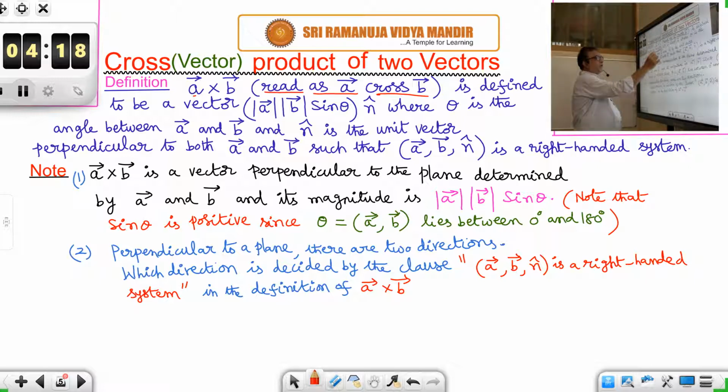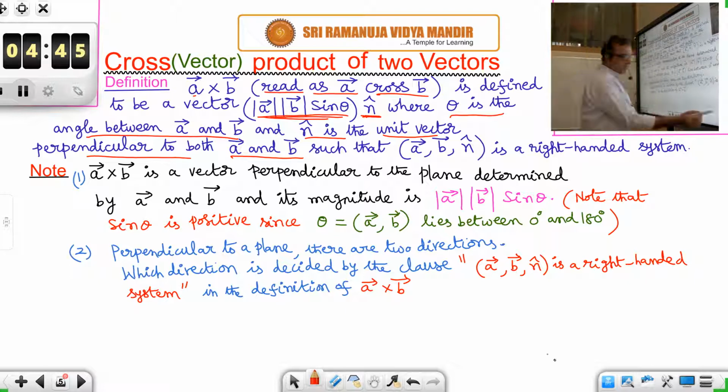Magnitude is mod A bar, mod B bar, sin theta, where theta is the angle between A bar and B bar, into n cap, a scalar multiple of n cap, where n cap is the unit vector perpendicular to both A bar and B bar. That means perpendicular to the plane determined by A bar and B bar.